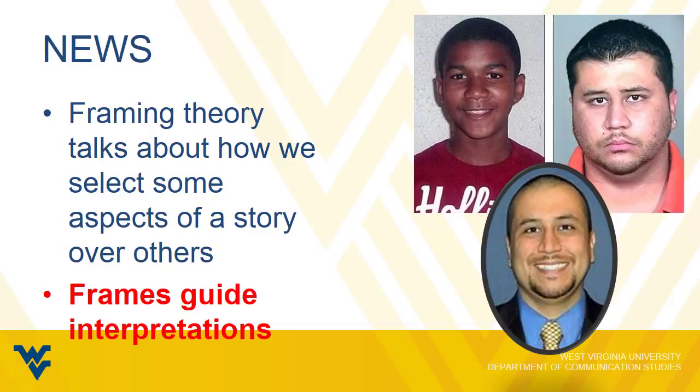He looks like he might be somebody who would shoot a teenager. And then you run a photo of the same man in a suit and tie with his hair trimmed nice and his beard trimmed nice. All of a sudden, he looks like somebody who you wouldn't think would possibly shoot a young African-American child.